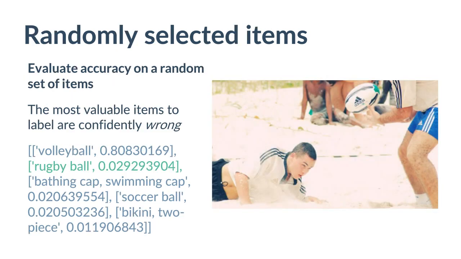One really important thing to remember when you are doing active learning is that you should always evaluate on a random set of items. So you can imagine that if you're continually sampling from hard to classify images at the decision boundary, the accuracy of your model on those same kind of items is going to go down, because you're not evaluating on a random set of images, you're evaluating on some of the hardest ones to classify.